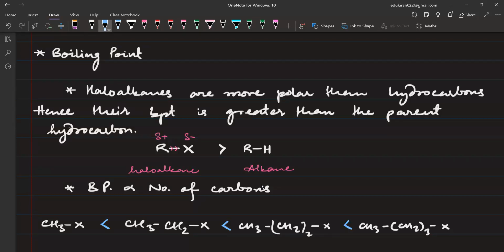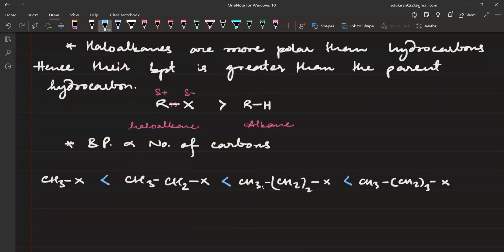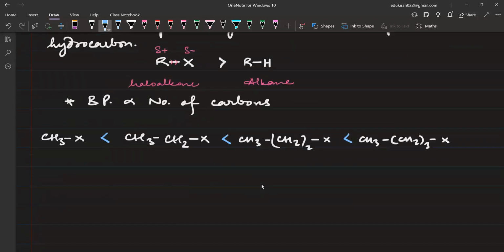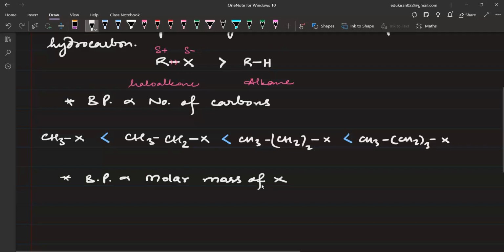Now, this is when you are having same halogen atom. If you have the alkyl group same, then please see boiling point is directly proportional to the molar mass of X. In this example, what will be changing? The halogen atom will be changing.